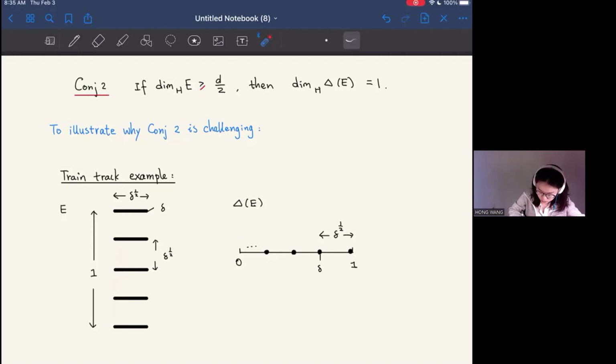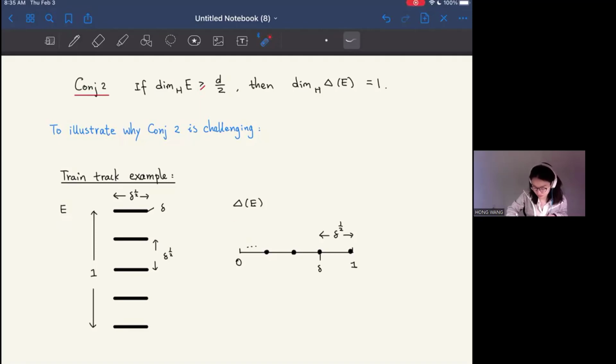Those small rectangles have length delta to the 1/2 and width delta, and the distance between them is delta to the 1/2. Again, delta will go to 0. If we look at this set, E is like a morally one-dimensional set at scale delta.